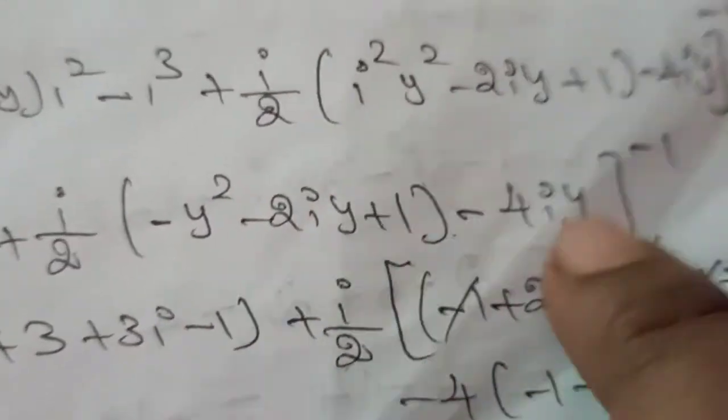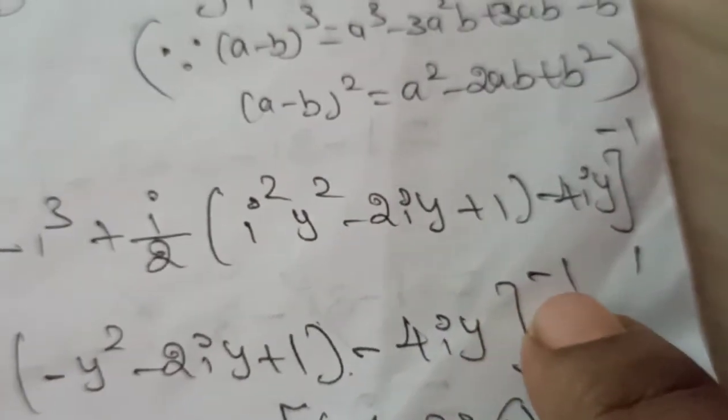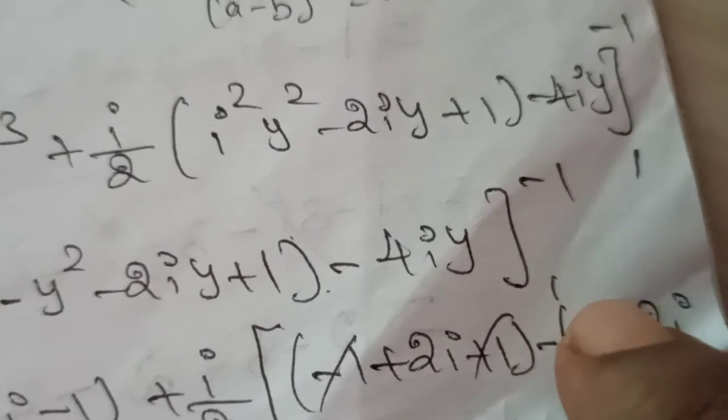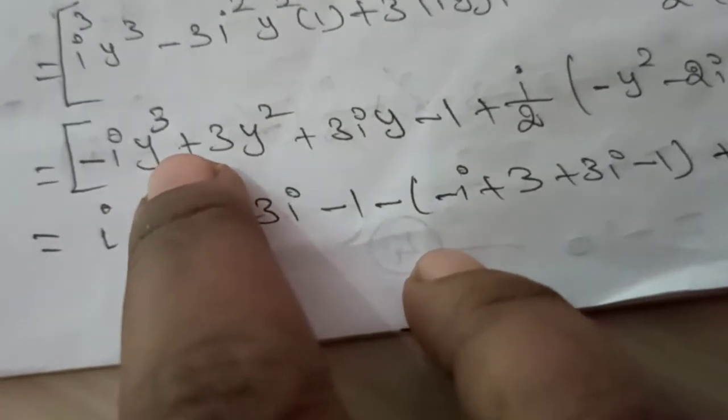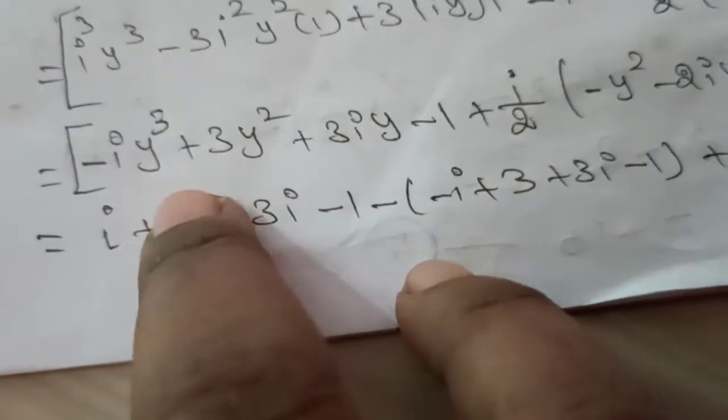Now we substitute the limits. First substitute the upper value, put y equal to minus 1, then substitute the lower value, put y equal to 1. First put y equal to minus 1: minus 1 the whole cube becomes minus 1.